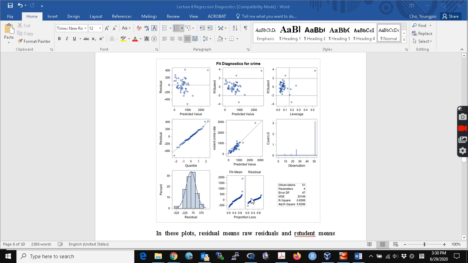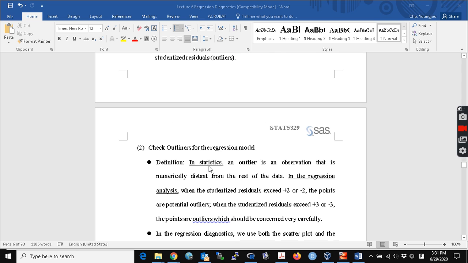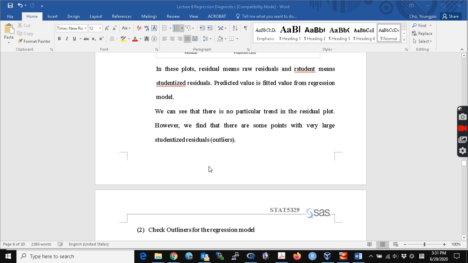When you look at that, there is no pattern between residual and predicted value, and also no pattern between the studentized residual and the predicted value. They are scattered along this horizontal line at 0. So we checked the linearity, and there's no problem.